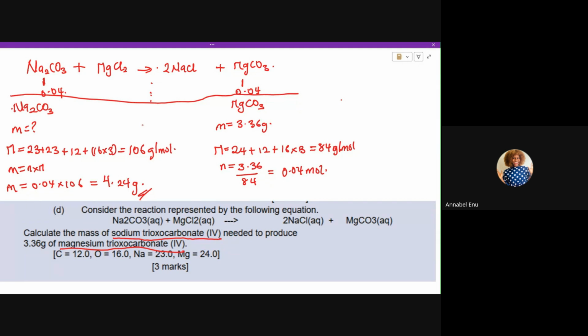Is anyone confused? All right, if you have a question, we could keep it for the next class. You can also let me know in the group chat the topic you want us to learn in the next class.